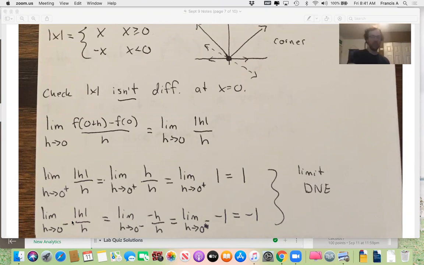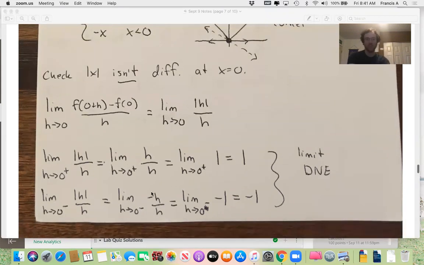So if we are looking to the left of 0, the absolute value of h is behaving like minus h. And here, after getting rid of the absolute values and choosing the right piece, now we can cancel again, but now there's an extra minus sign. And after canceling, we're left with a minus 1, and the limit of minus 1 is minus 1.